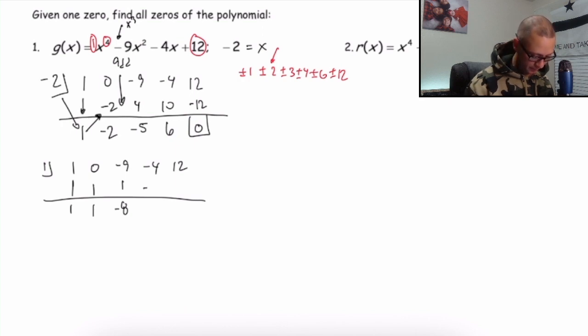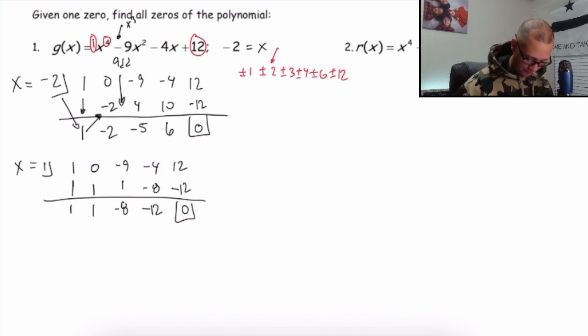It's going to be -8. When we add -12 times 1, okay. So that means x equals 1. So x equals -2, x equals 1.